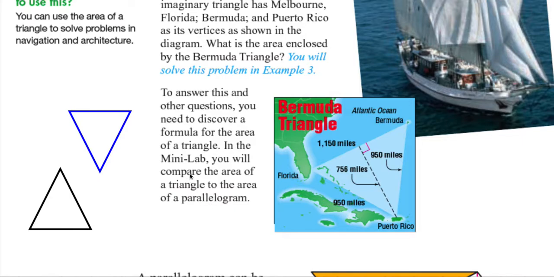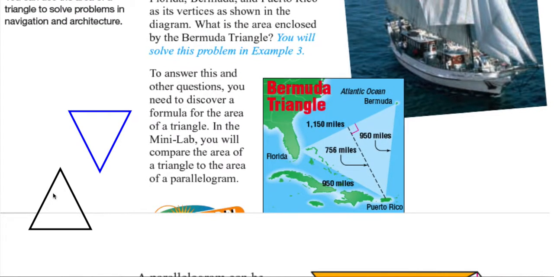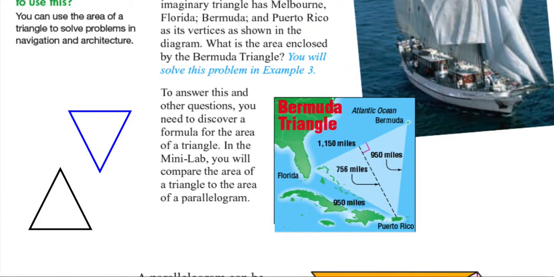We're skipping the mini lab because we are going to compare these two triangles and see how they compare to the area of a parallelogram. If I get these two triangles, the black triangle and the blue triangle, and I put them together, you'll notice it forms a parallelogram.